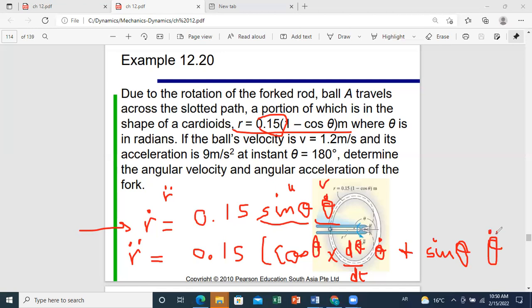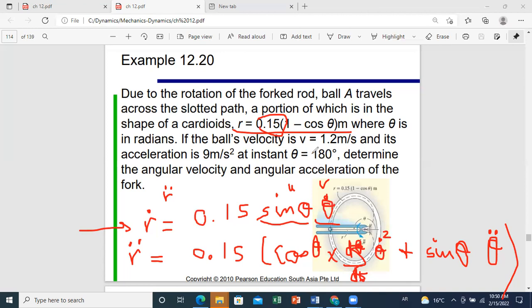So in this way, you obtain that r dot dot is 0.15 cosine theta theta dot square, because d theta by dt is theta dot, plus sine theta theta dot dot. And now at 180 degrees, you replace.